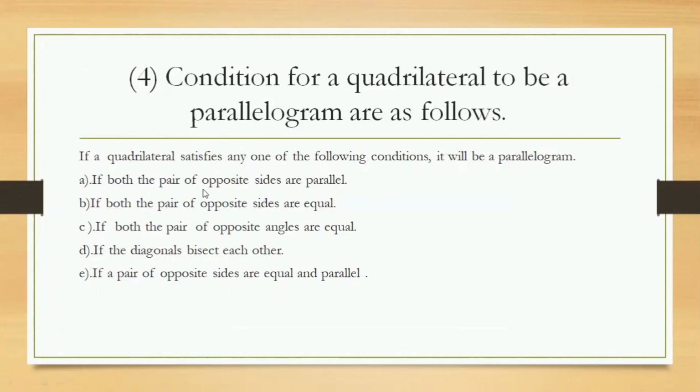If both pairs of opposite sides are parallel, if both pairs of opposite sides are equal, if both pairs of opposite angles are equal, if the diagonals bisect each other, if a pair of opposite sides are equal and parallel. This was already repeated here, this first one is given together here. If these conditions are satisfied by the quadrilateral, that is known as a parallelogram.